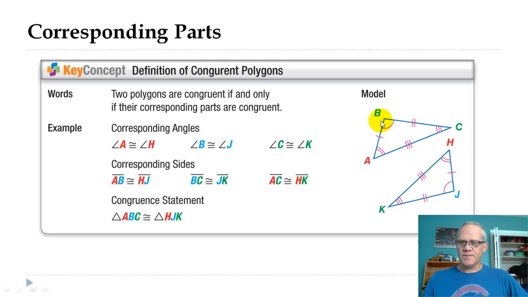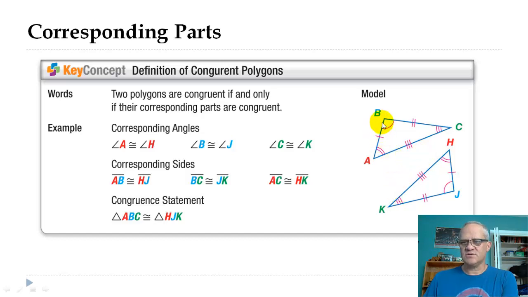On this first one, angle B is marked with one arc. Angle J is also marked with one arc. So that means B and J are the two angles that are the same. Angle A is marked with two arcs. Angle H is marked with two arcs, and so A and H are congruent, and then C has 3 marks and K has 3, so those two are the same.